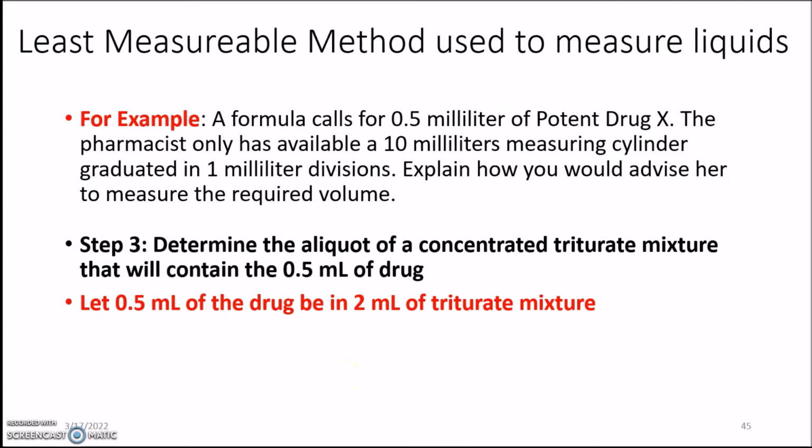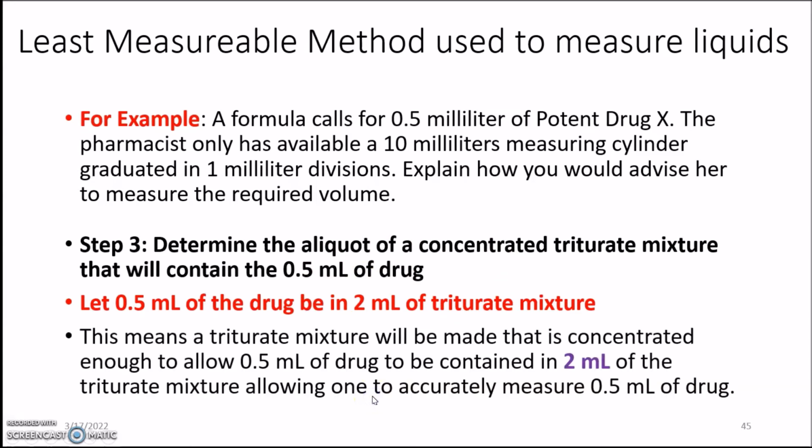Again, I'd like to reiterate that we can make this 0.5 mils be in another volume other than 2 mils. Of course, it must be greater than 2 mils. We can make it be in 3 mils or 4 mils. But of course, it is all dependent on a number of things, which we will not get into here. So we decided to use 2 mils to be the aliquot volume.